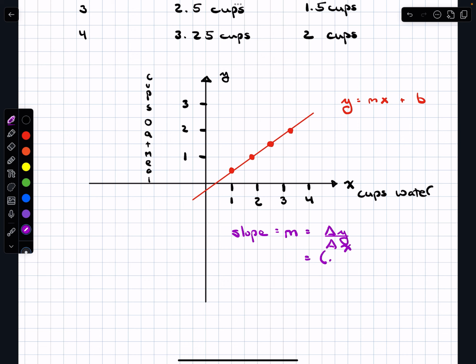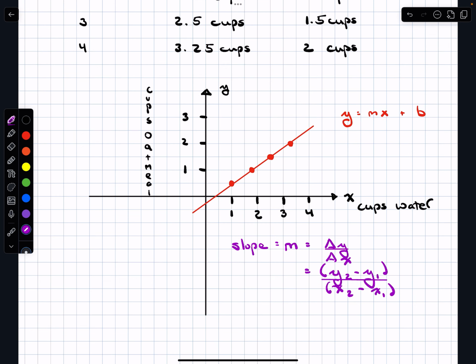This is defined as y2 minus y1 over x2 minus x1. So what we've got to do is pick out 2 points on this particular line, and we're going to use those 2 points to calculate the slope.